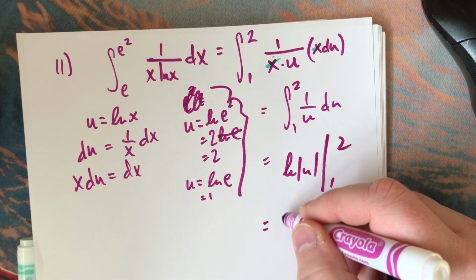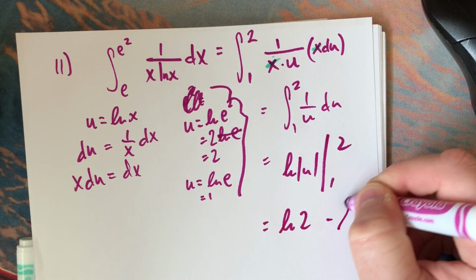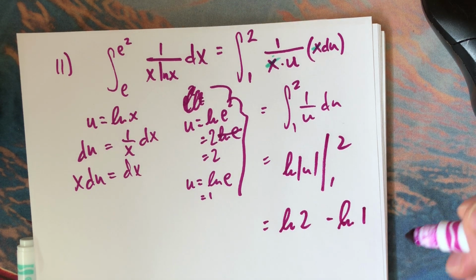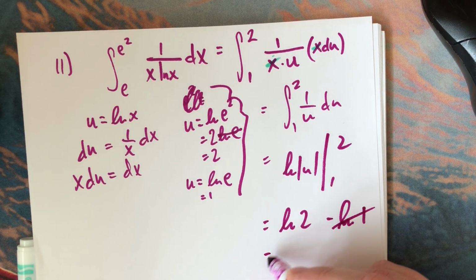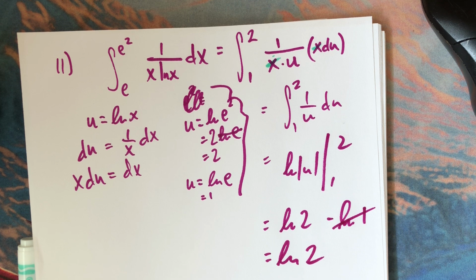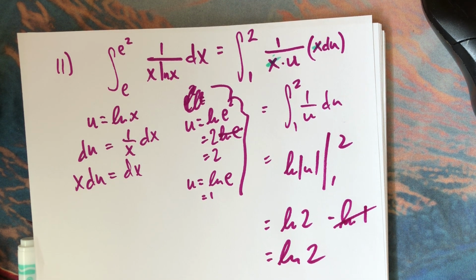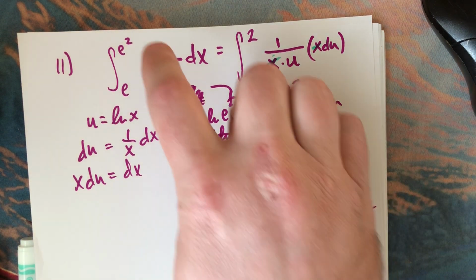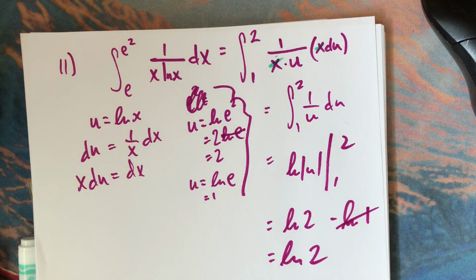Nice, easy. We get ln2 minus ln1. And remember, ln1 is 0, so we get ln2. Really, really good example with the x and the ln x down there. Looks tricky, and then it turns out to be really nice.